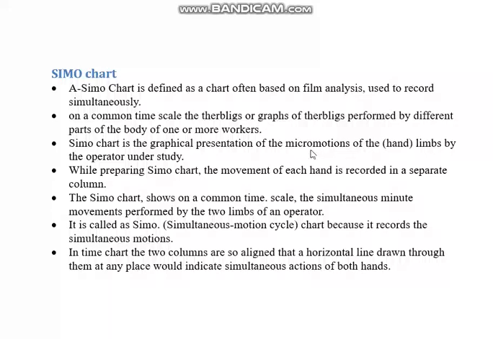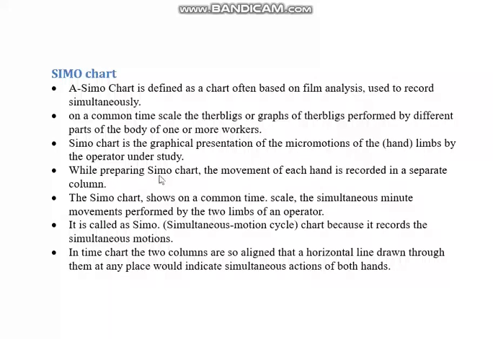Micro motions means, when we were studying motions, we could study it in millimeters, in minutes, or in seconds. But when you come to micro motions, that won't do. Then what do we have to do? We have to find a unit which is small enough. Okay, let us see what that unit is.